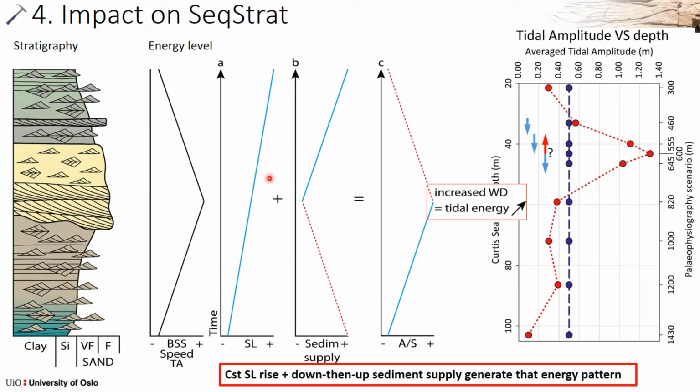I have a constant relative sea level rise, but it's sediment supply that diminishes and then increases, meaning that I would have an increased water depth, and so I can again enter this tidal amplification window, and then I can exit it depending again on where you are with your A over S ratio. If you actually have a relative sea level fall or a constant increase in the relative sea level, but just slower.